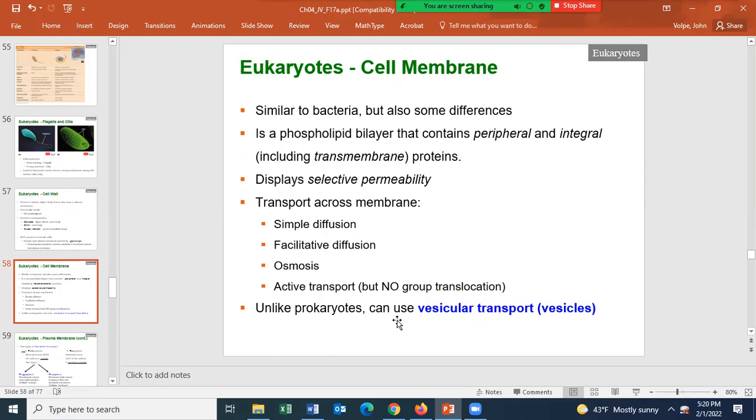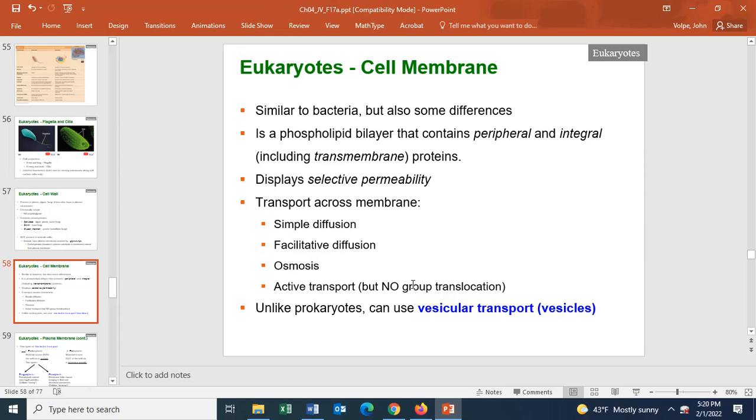The cell membrane of eukaryotes is similar to bacteria, meaning the main molecule of the eukaryote cell membrane is a phospholipid. Why is it the same as bacteria?